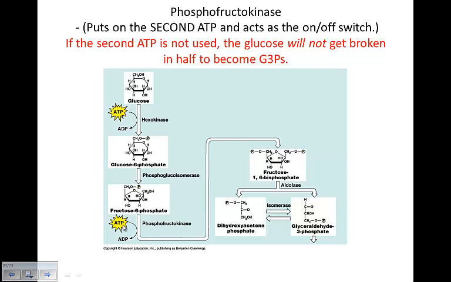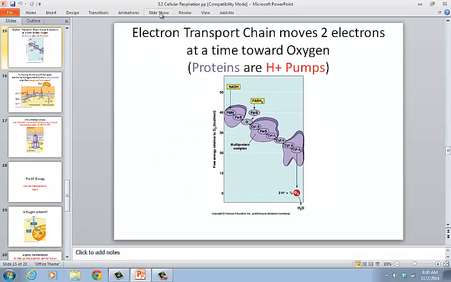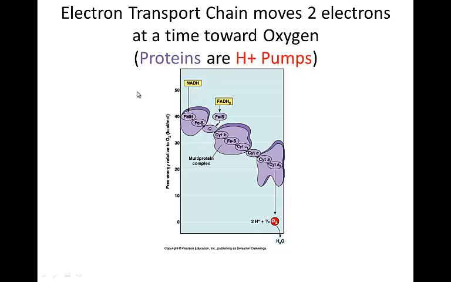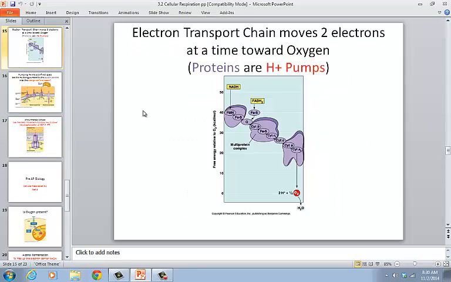If we put on the second ATP, then this will shut this off or turn it on. If the second ATP is not used, then the glucose is not going to break down into the G3Ps, the glyceraldehyde 3-phosphates, and it's not going to go through this process. So that's our inhibitor. And then the other thing, oh, it's not on here. Whoa, we lost it all. That's way back there. Oh my goodness.